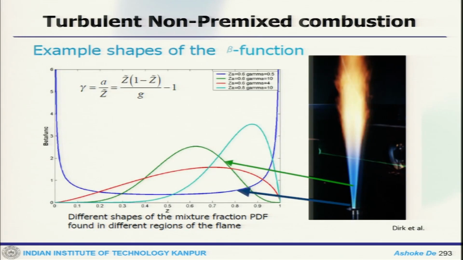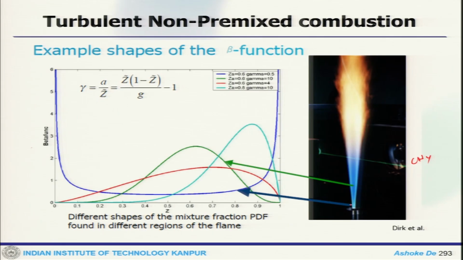So, this is one of the examples taken from a Delft burner, which is a laboratory scale natural gas burner. This is where CH4 is burning, and you can see these are beta functions, and the ratio of gamma is A by Z tilde, which is Z tilde minus 1 by this, and different shapes of the mixture fraction PDF are found in different regions of the flame.